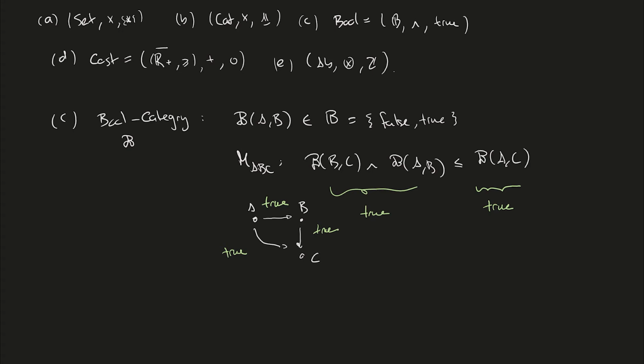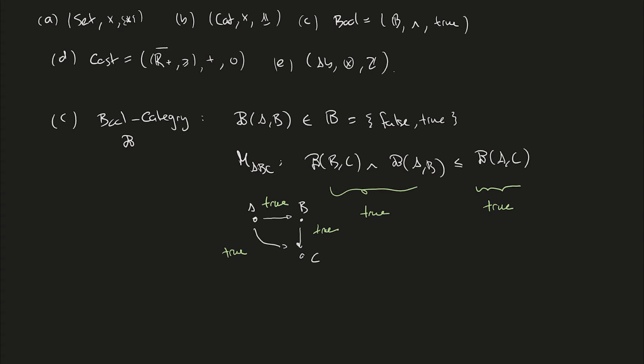In other words, this relation, which holds for all triples of objects, is saying that if we have true between A and B and true between B and C, then we also need to have true between A and C. So in fact, this is a type of transitivity that we're enforcing on the Bool category by the fact that we have this relation for any triple of objects.